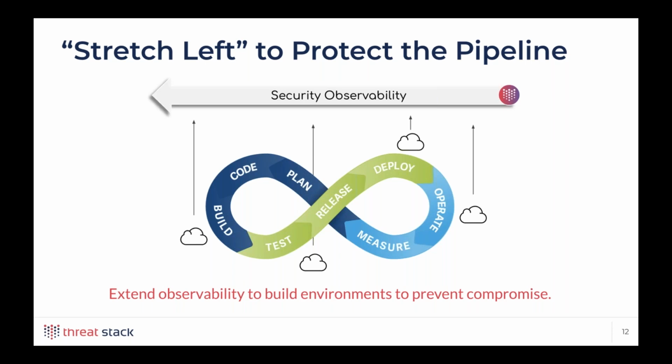So you don't want to change from monitoring infrastructure to moving toward build time security scanning. We think that it's a combination of both that is necessary to ensure security best practices. So you're stretching left, you're supplementing your build time security that you have in place today with observability so you can identify threats across your build pipeline.